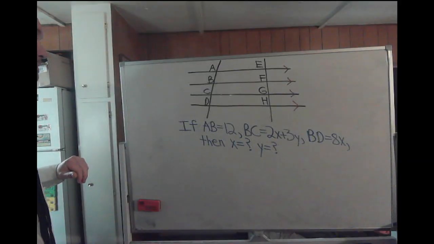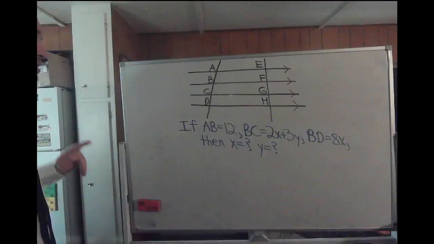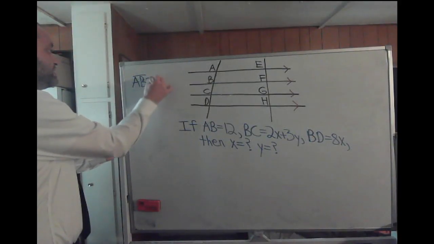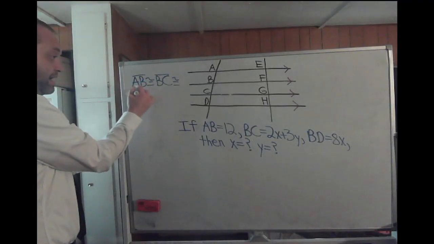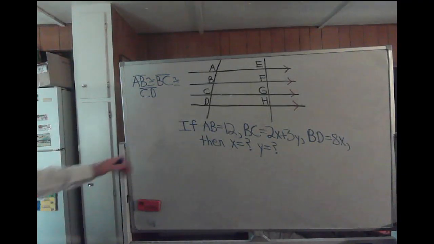So if these are all congruent segments on this transversal, that means AB, again, is congruent to BC, which also means that BC and AB are both congruent to CD. So let's establish that real quick.